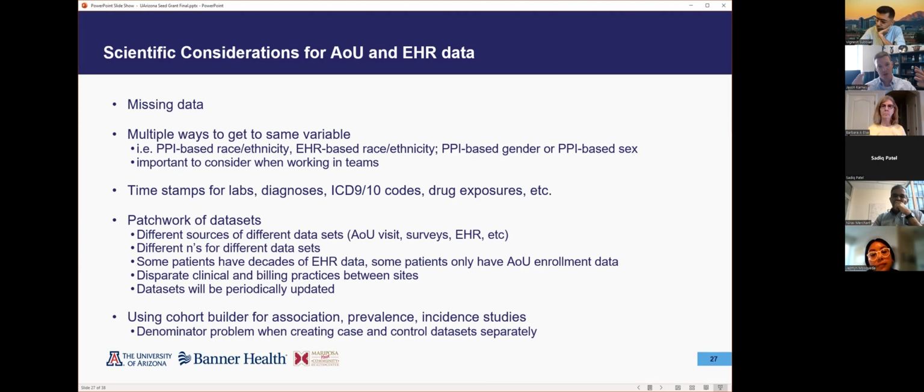And so what we saw in the early going is people used the whole cohort as their denominator and then got crazy results, because really there's about 30% of the cohort that doesn't have any EHR data at all. And that reflects the different ways that the participants could be enrolled in All of Us. Next slide, if I even have any more.